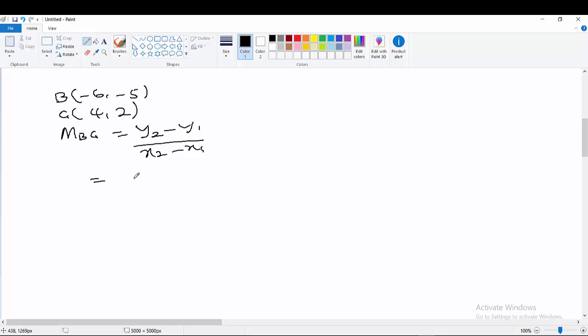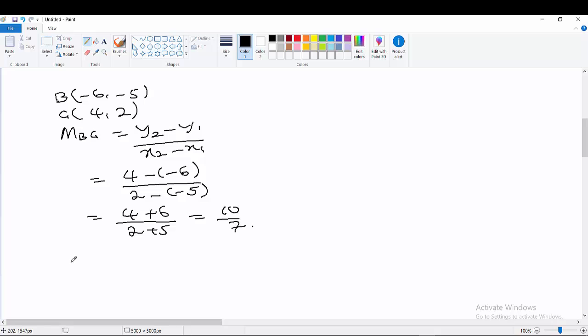So we have 4 minus -6 divided by 2 minus -5. From here, we have 4 plus 6 divided by 2 plus 5, which is going to give us 10/7. So the gradient of BG is equal to 10/7.